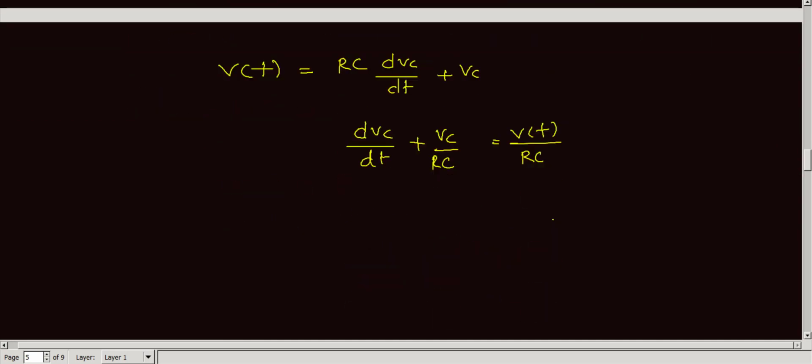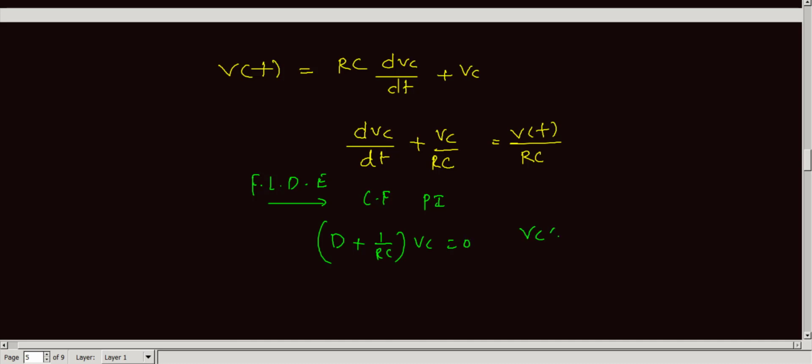Now I first find the complementary function. This is a first order linear differential equation, with a complementary function plus a particular integral. So D plus 1 by RC into Vc equals 0.